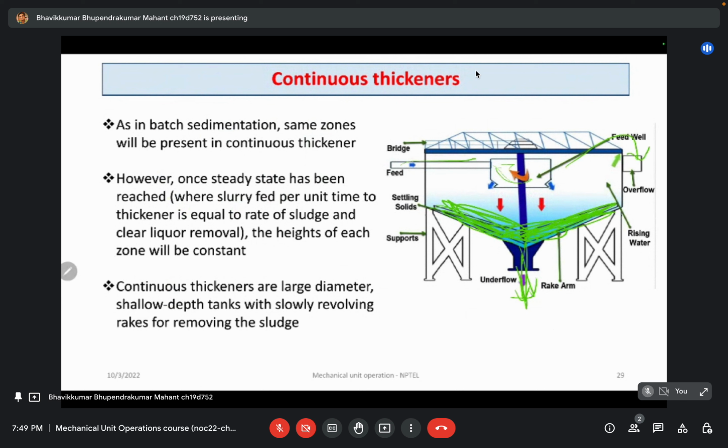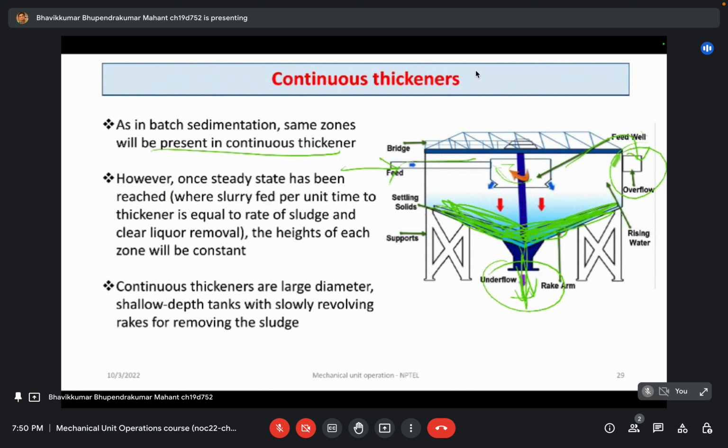As in batch sedimentation, the same zones will be present in the continuous thickener. It is continuous, so we continuously remove the overflow and the underflow, and continuously feed our material. This is how the continuous thickening process takes place.